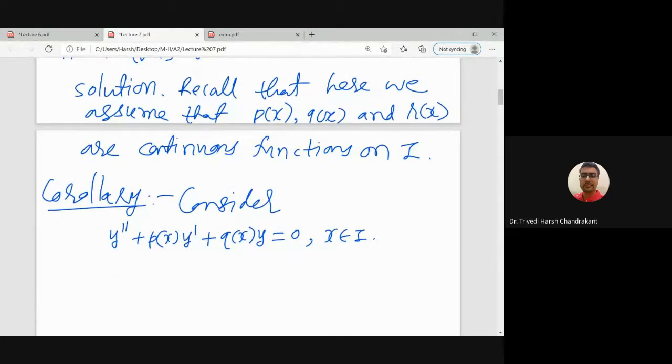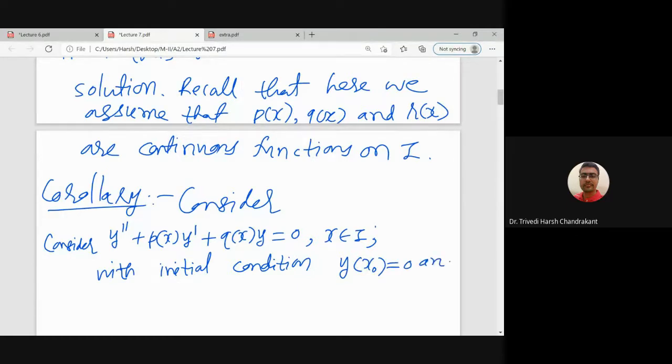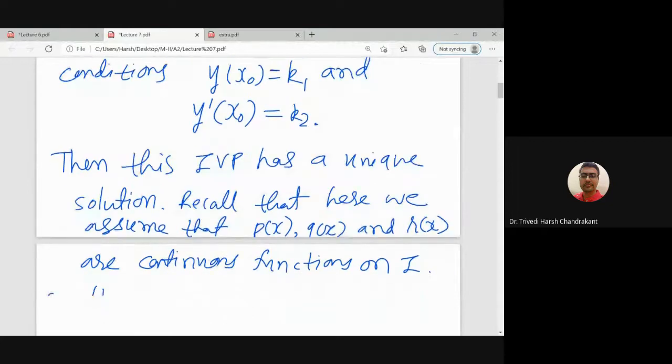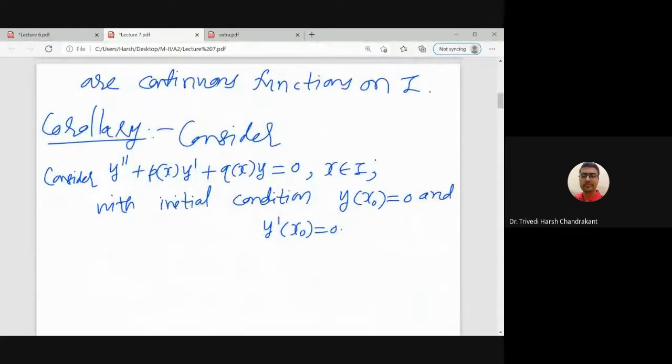Along with the conditions, since it is a homogeneous equation, the conditions we take are y of x naught is 0 and y dash of x naught is also 0. So essentially this k1, k2 we are selecting here to be 0.